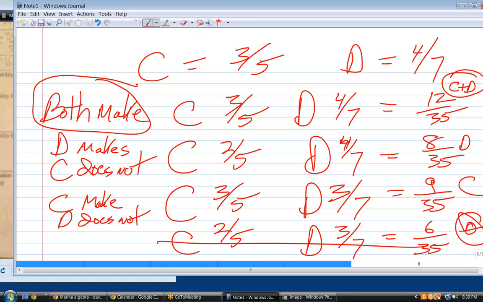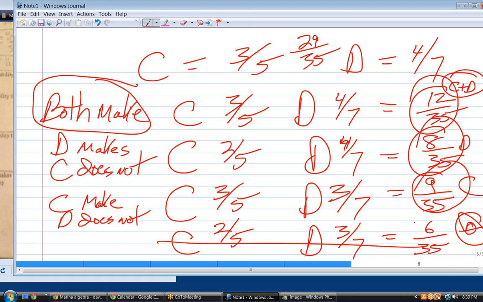So the probability that at least one fish makes it is 29 over 35, the sum of those three, because both fish make it here, one fish makes it here, the other fish makes it here. But they're telling us that one fish made it, and they're asking what is the probability that it was fish C.